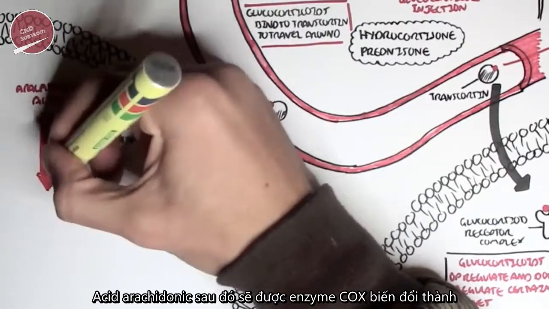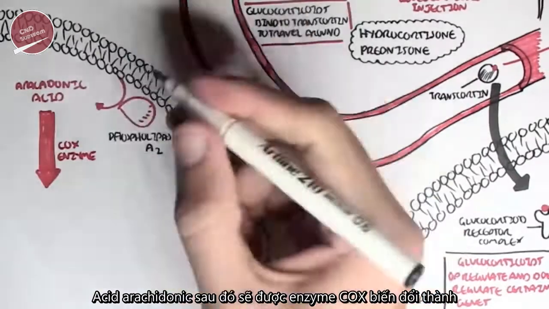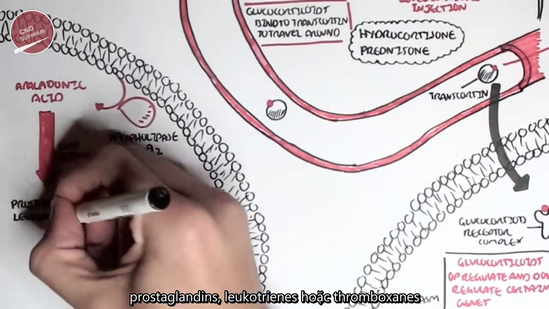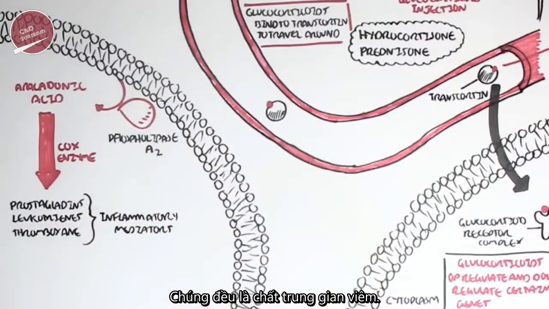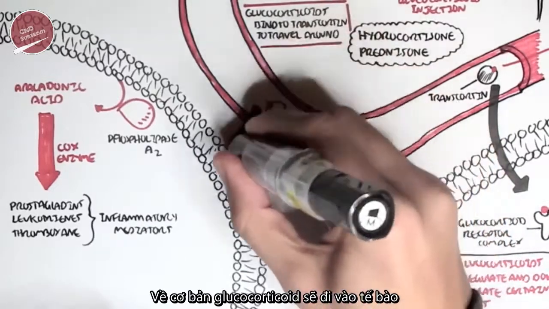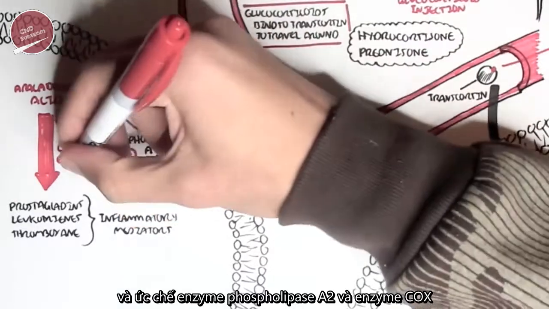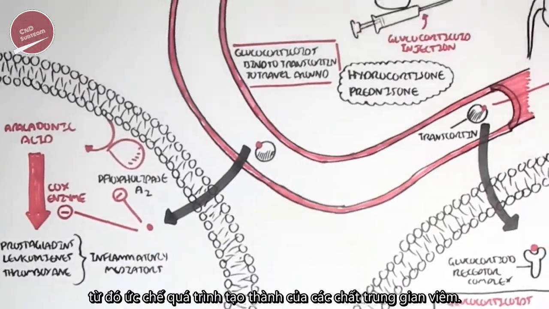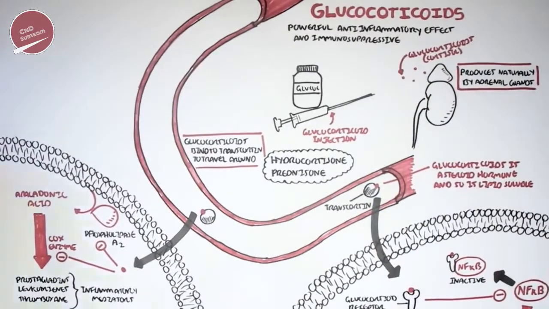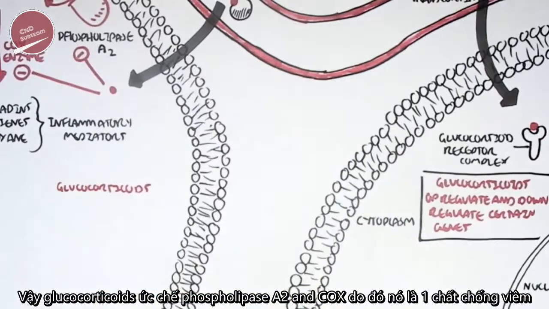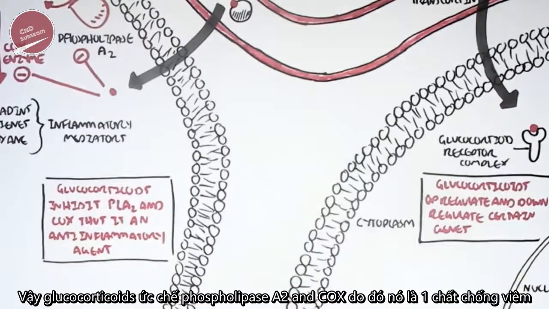Arachidonic acid will then be converted by the enzyme COX to prostaglandins, leukotrienes, or thromboxanes, and these are eicosanoids. All of them are inflammatory mediators. What glucocorticoids do is enter the cell and inhibit the enzymes phospholipase A2 and COX, thus inhibiting the formation of inflammatory mediators. So glucocorticoids inhibit phospholipase A2 and COX, and thus are an anti-inflammatory agent.